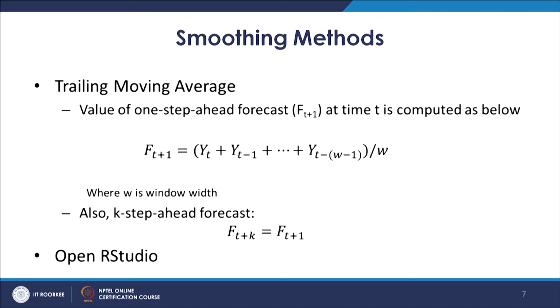You can see F t plus 1 equals y t plus y t minus 1 up to y t minus (w minus 1), divided by w. So, again this is in a way a simple average calculation. We need to select a window size, and that number of observations is going to be taken, and that average is going to be the forecasted value for the next point.